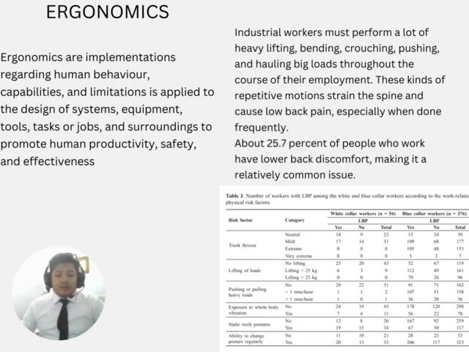This lower back discomfort, or low back pain, is a type of ergonomic problem. In table 3, we can see many risk factors and many categories with many people undergoing these risk factors that can cause ergonomic problems.